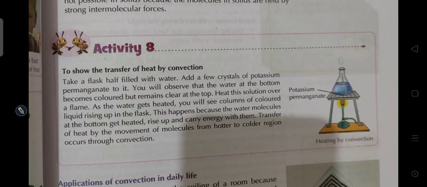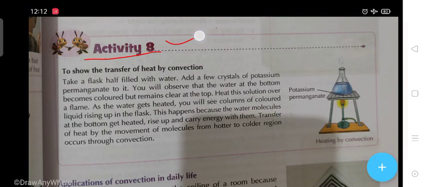Now students, there is an activity, activity number 8, to show the transfer of heat by convection. In this activity we will learn how the convection method works in water and how heat is transferred by the molecules. Take a flask half filled with water and add a few crystals of potassium permanganate to it. You will observe that the water at the bottom becomes colored but remains clear at the top.